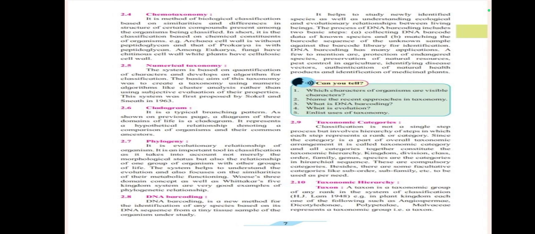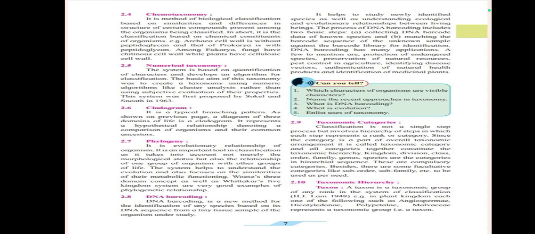The three domain concept as well as Whittaker's five kingdom classification are very good examples of phylogenetic relationship. DNA barcoding: DNA barcoding is a new method for the identification of any species based on its DNA sequence from a tiny tissue sample of the organism under study.